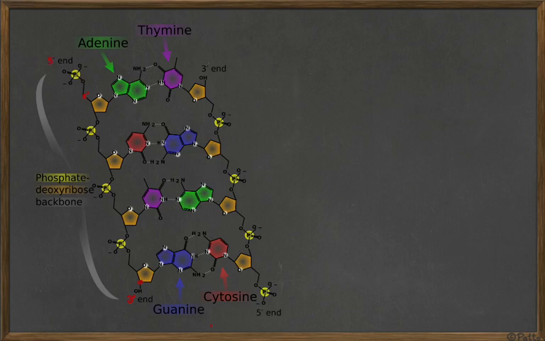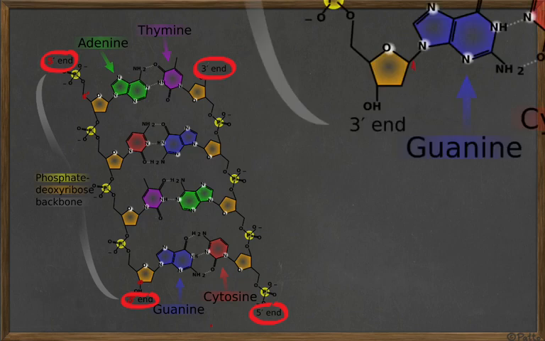Okay? So this here is the basic structure of nucleotides being put together. And now you know deoxyribose in DNA. So we have there the 3' end, the 5' end, and the other way around, we have the 3' end on the opposite side and the 5' end. Let's take a closer look.